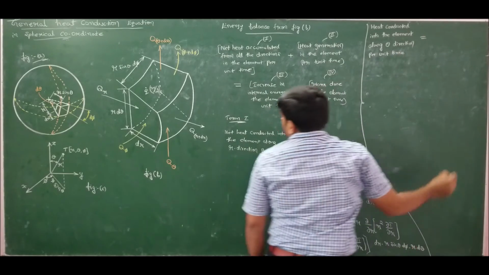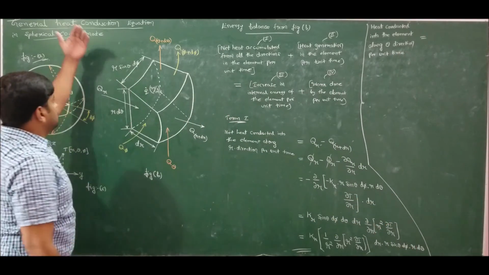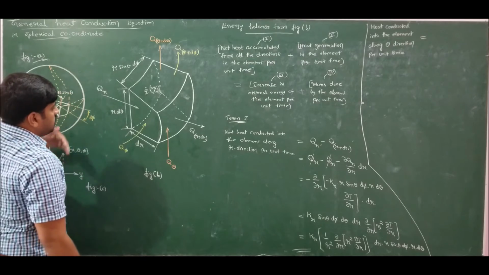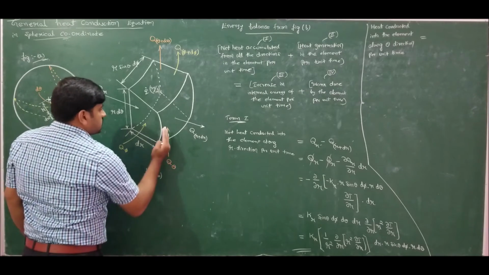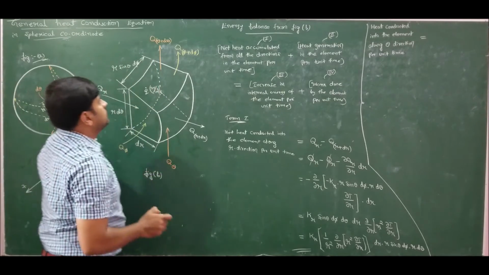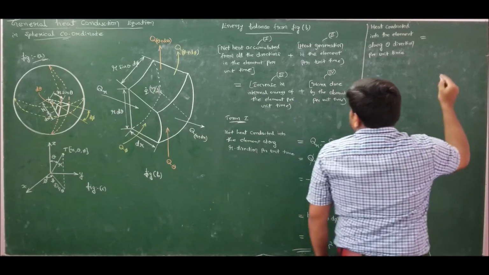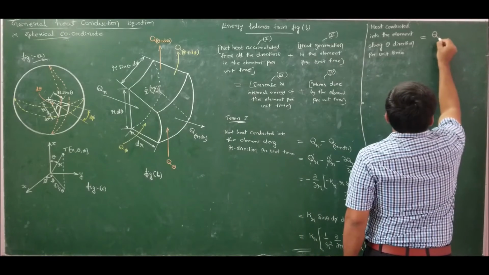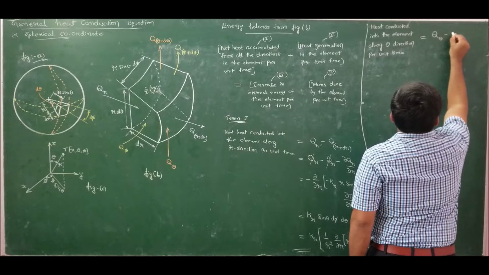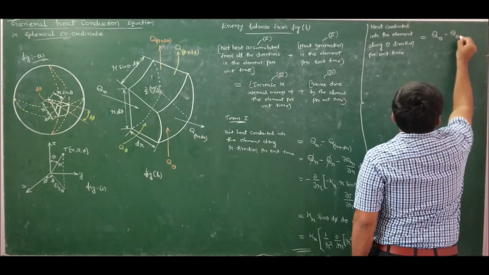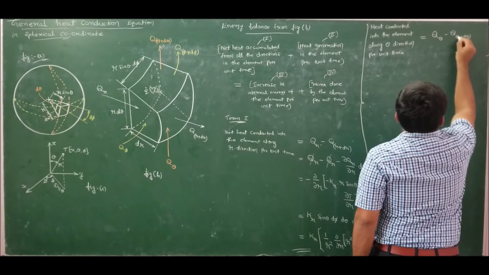Along theta direction, theta is in vertical direction, so entering is q of theta, leaving is q of theta plus d theta. So entering is q of theta minus q of theta plus d theta.